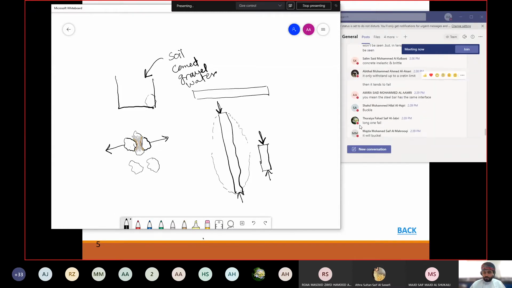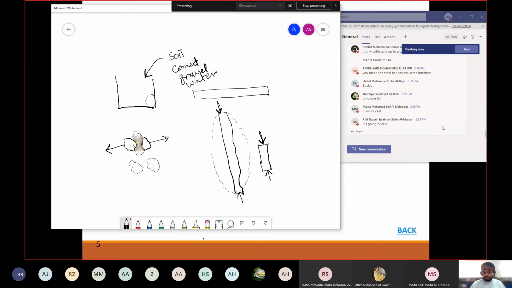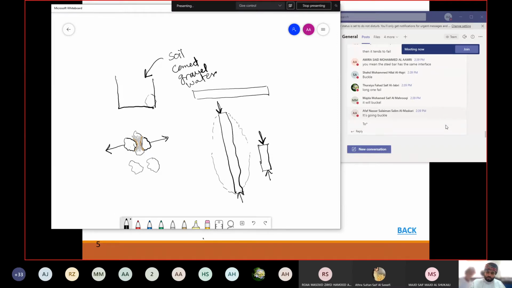Are you okay? Now a good example is a stick. If I handle any stick, you will see the longer one easily buckles on one side. Why?